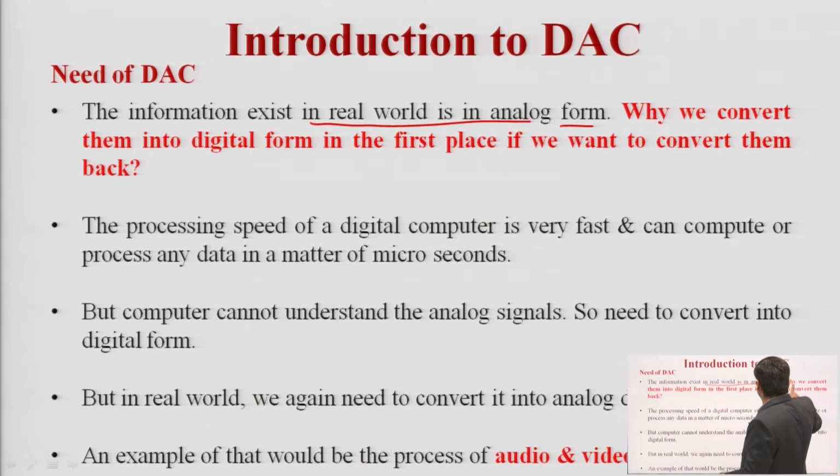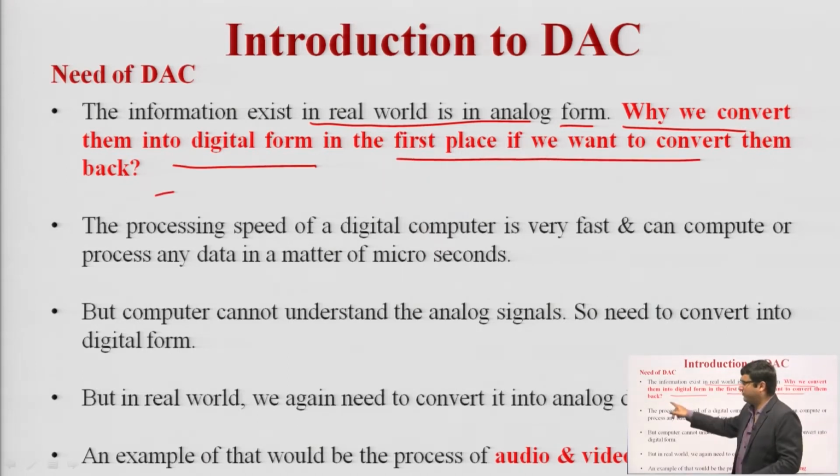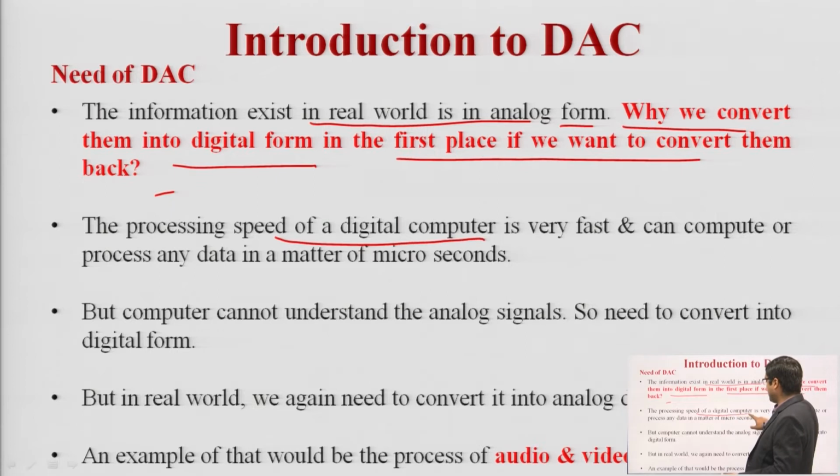It is converted into a digital form, and again from the digital form it is converted into analog. Why do we need this? Because the data we have got from the environment is in analog form, but the digital devices, digital computers which are available, can only understand the language of digital. So that is why we need to convert these analog signals into digital ones.